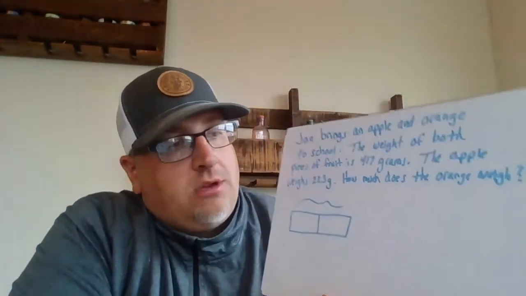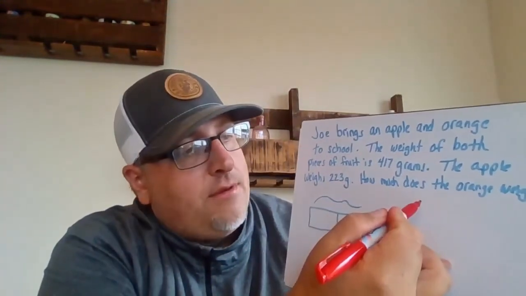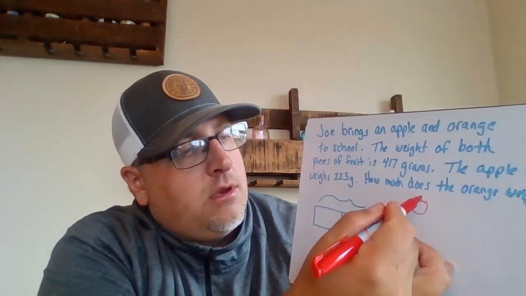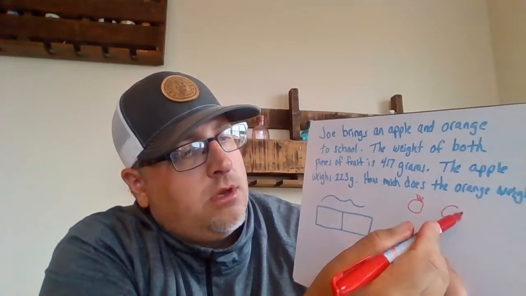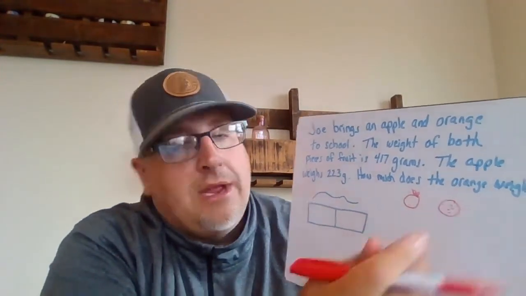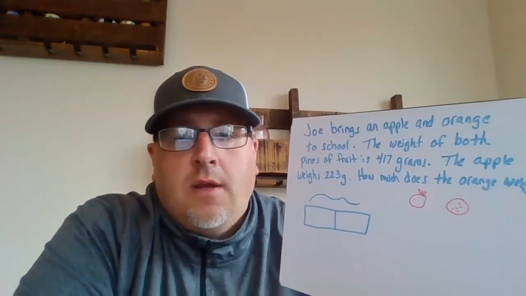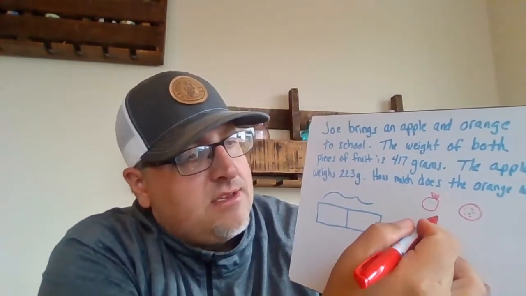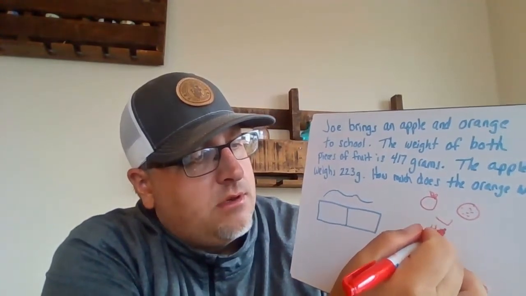Okay? So, let's see. First off, maybe we draw a little bit of a picture here. We have an apple and we have an orange. Okay? He brings an apple and an orange to school. The weight of both of these is 417 grams.